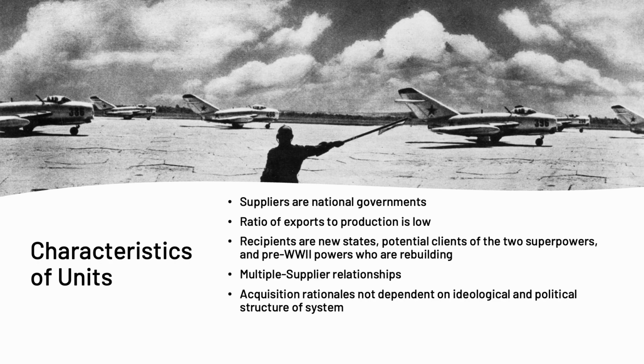We also see that there are multiple supplier relationships. So an importing state may be importing from multiple other states. We also see that the acquisition rationales are not dependent upon ideological and the political structure of the system at the time.